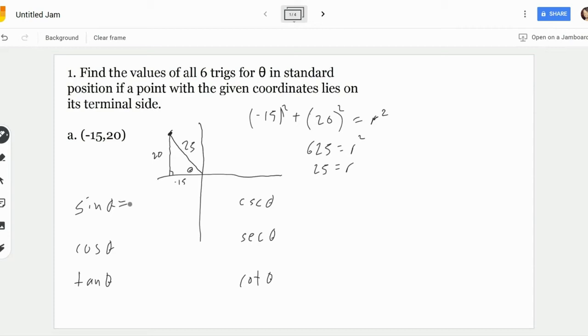So sine of theta is opposite over hypotenuse. This is just SOHCAHTOA again. Okay, so sine would be opposite over hypotenuse. That's going to be 20 over 25. We can reduce that to 4/5.